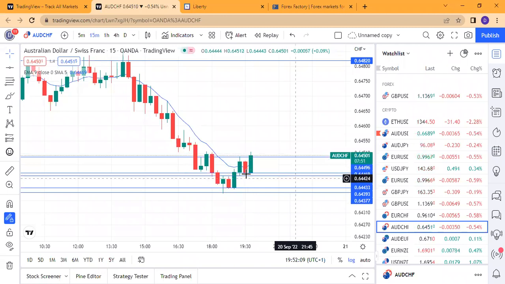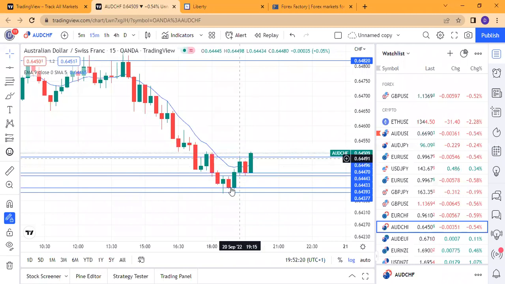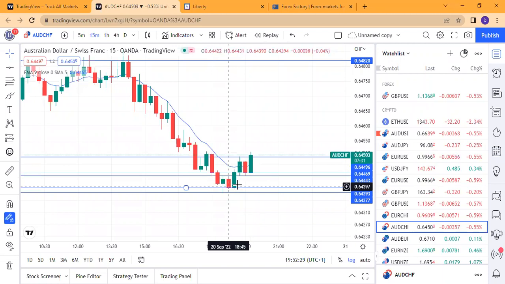Remember, in a downtrend, we sell the floor that has been broken, that is now a resistance. You understand? This is a floor. This is a floor. This is a floor. Now, this floor has been broken. Okay, this one has not been broken.